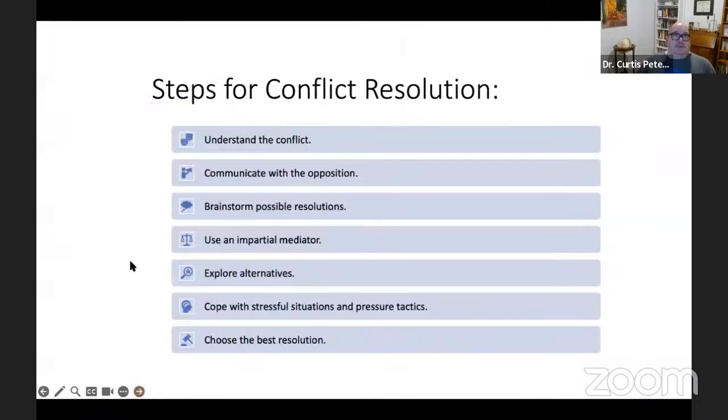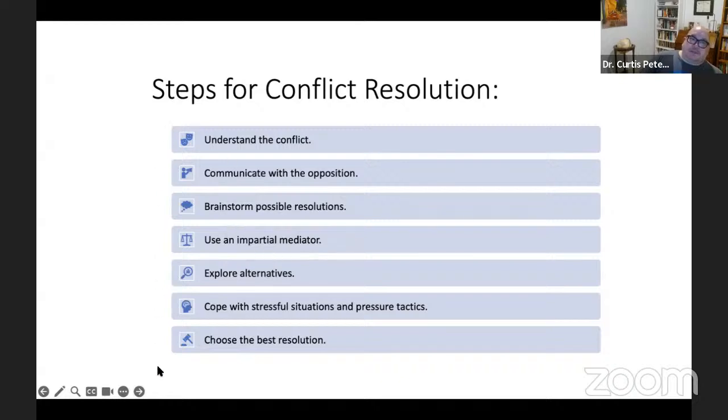Okay. So these are the basic steps to conflict resolution. One is to understand the conflict. These steps are mainly for you. You're going to be what we call the impartial mediator.